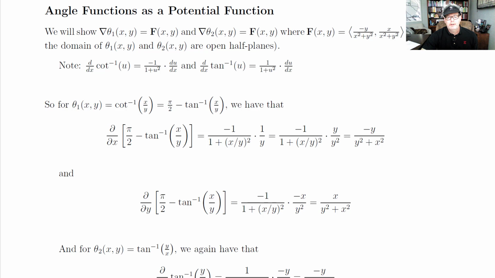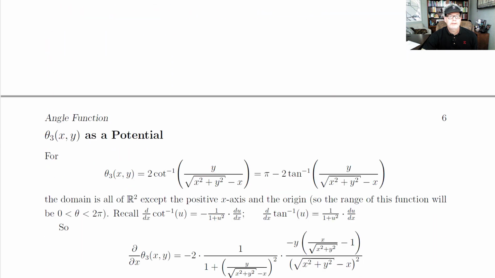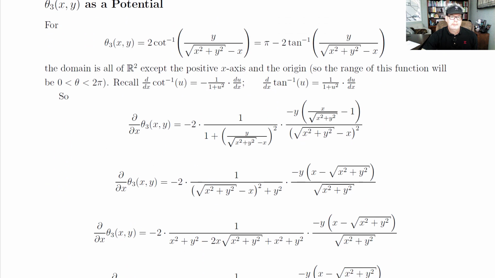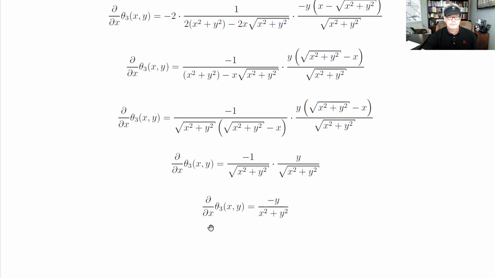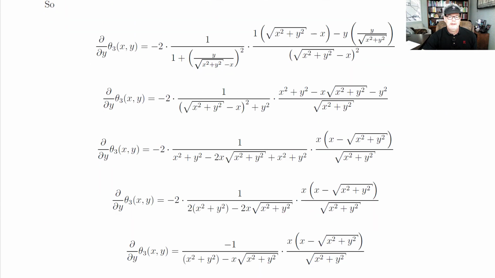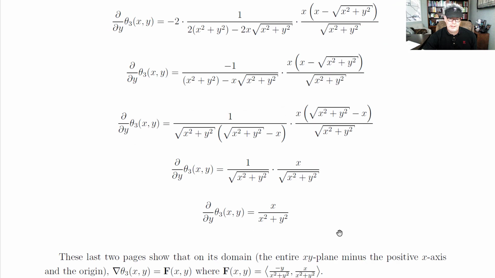Well, now we have bigger domains, and it's worse to check the derivatives, but if you take the x partial and the y partial of, say, this function, so if you went from 0 to 2 pi, you will get the proper result for the x partial, obviously a lot more messy, and the proper result for the y partial.